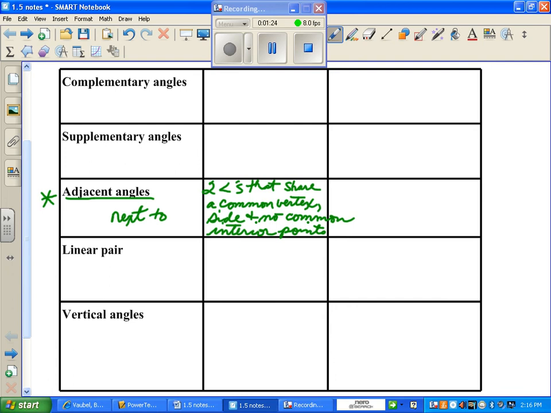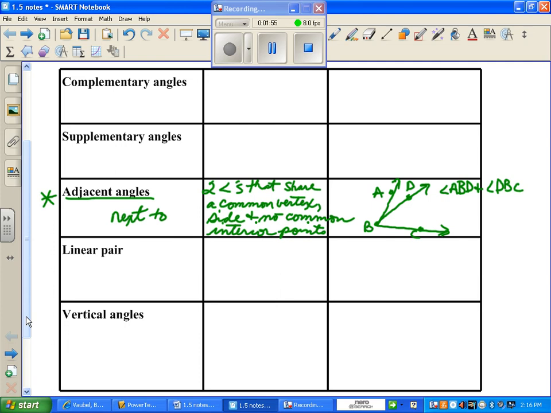So a picture I will draw here. You have an angle, B is the vertex. Let's put D on the inner ray and C on the outside. So this angle ABD and angle DBC.